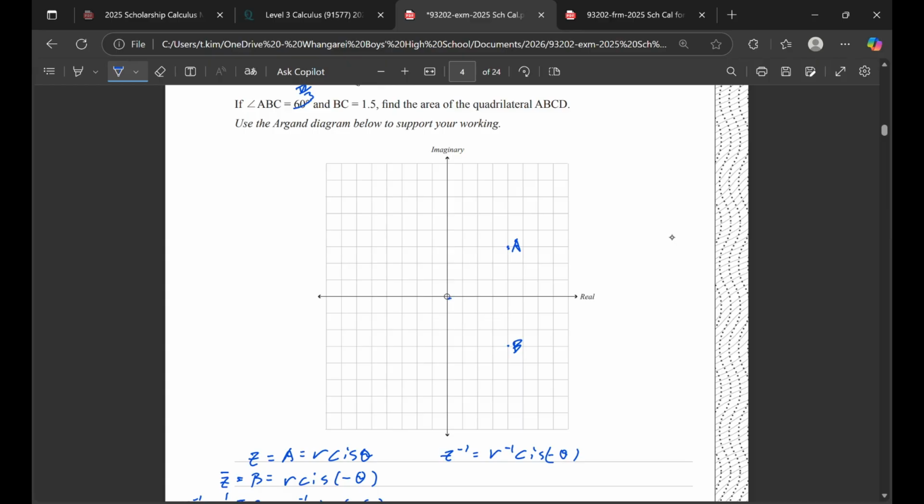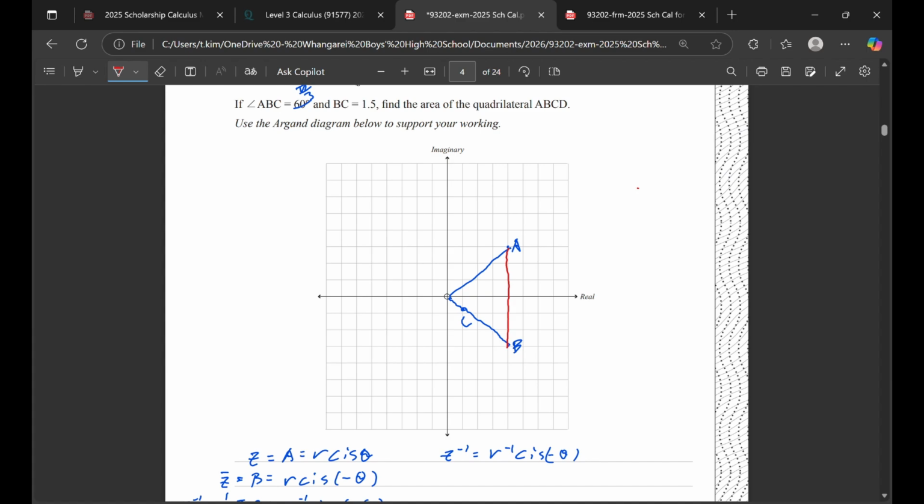And C must be somewhere here, on the same angle, at 1 over r from the origin. OA is like this, so we can put a line there, like this.